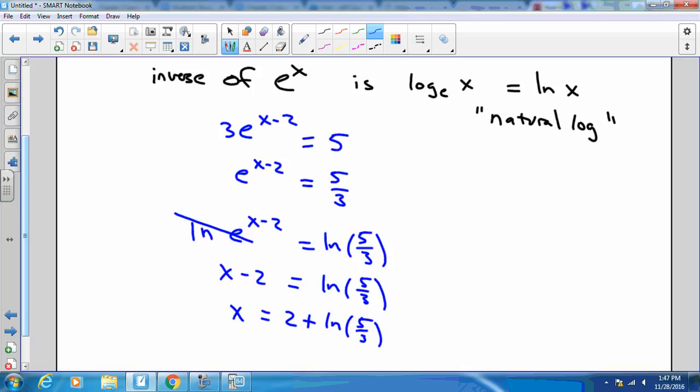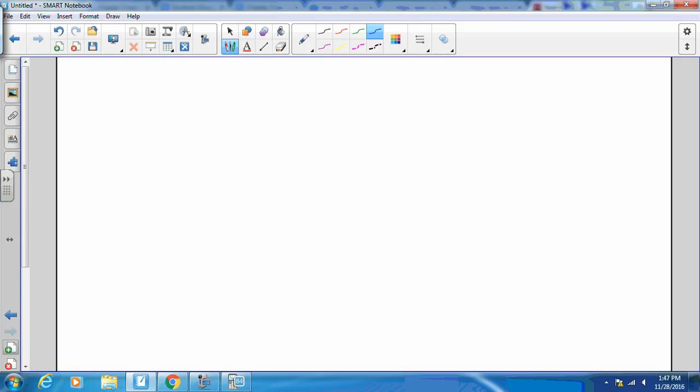Yes, sir? Because log base b of x is the inverse of b to the x. Yes, exactly. Good. Any other questions? Sometimes we can be fancy. I'm going to do one more algebraic example. Yes, sir.